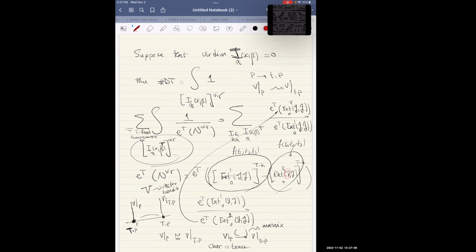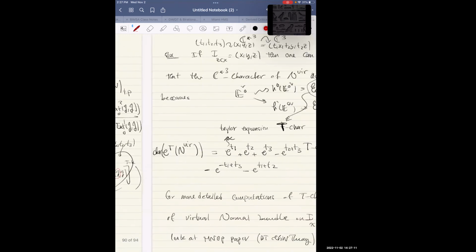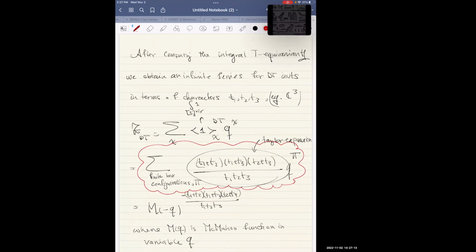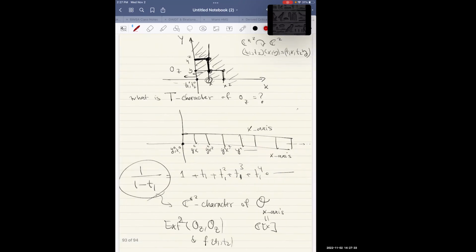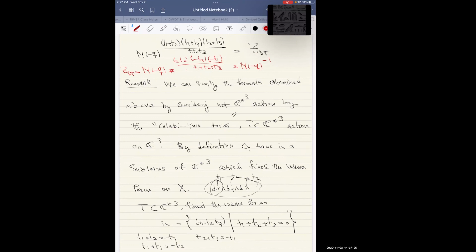That's the melting crystal diagram. And then after adding, we got some nice formula, but this formula still had T representations and T characters in it. That's of course no problem because we are doing equivariant calculation. It will be an expression in T1, T2, T3. But under this constraint, it becomes exactly the calculation we had before. Okay, any questions?